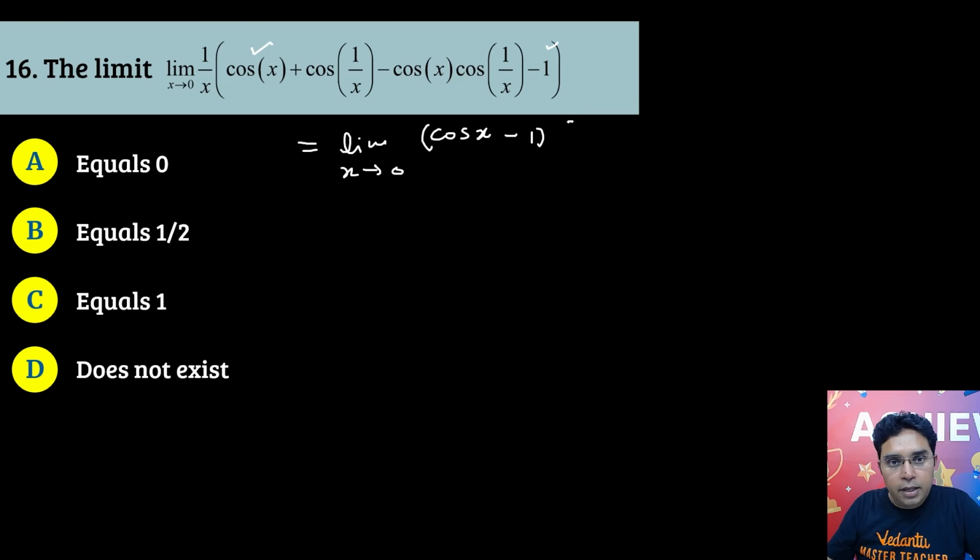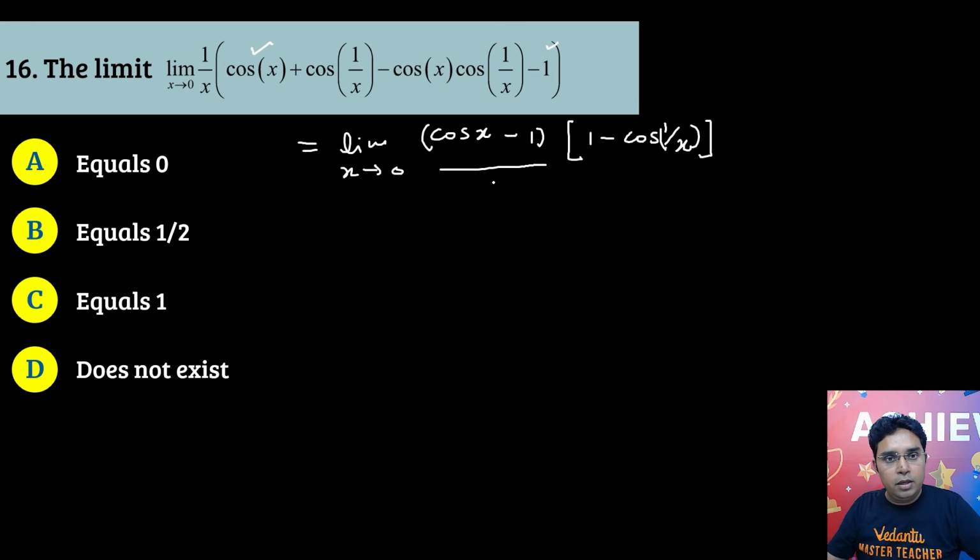If I take cos 1 by x common, here also this will come common, but here this will be 1 minus cos of 1 by x. Please notice these are actually the factors of this given thing, and the entire thing is divided by just x. Let me just check: cos x plus cos 1 by x, then minus cos x into cos 1 by x, then minus 1. Yes, this is how it will be.